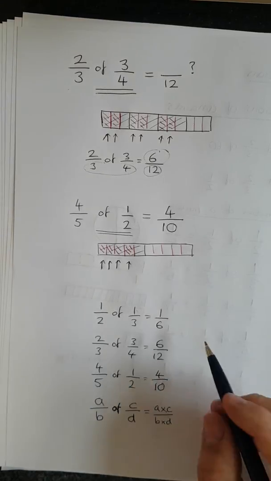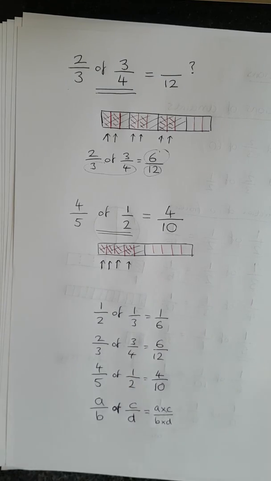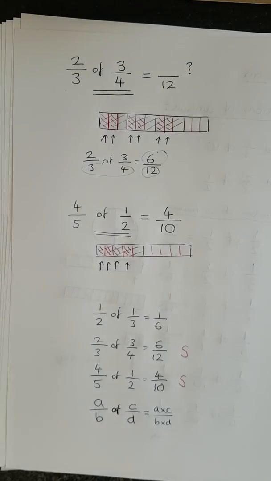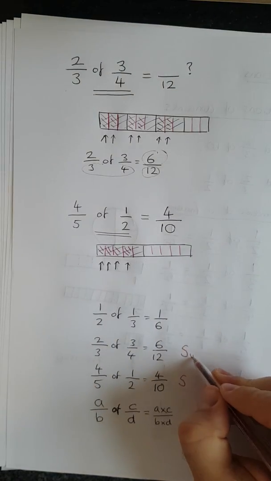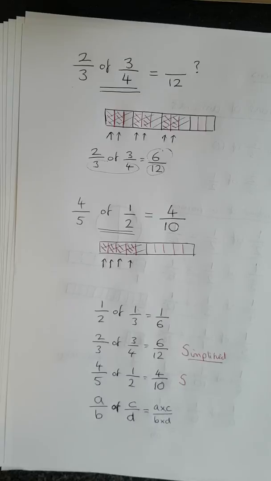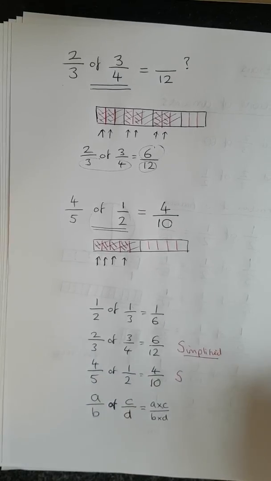Now, if I was your teacher, I would write an S next to these two. Because these answers can also be simplified. We'll cover that shortly, but we've come up with a method for finding fractions of fractions.